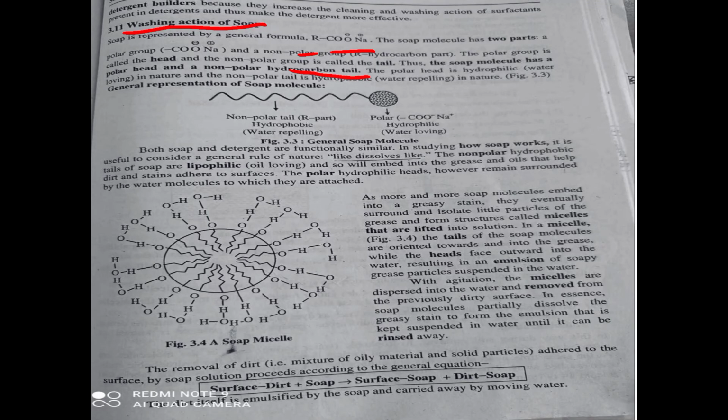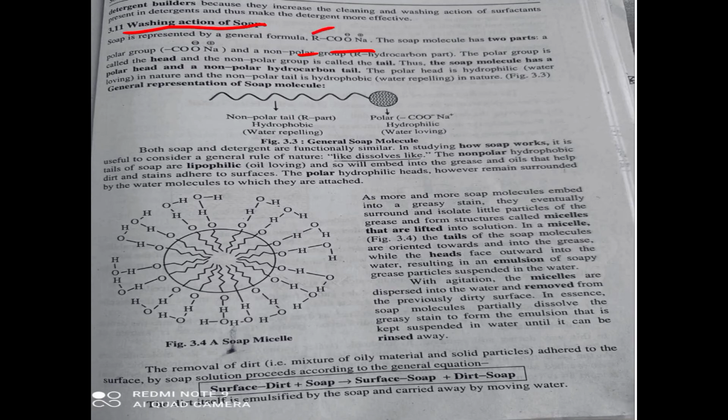The polar head is hydrophilic, that is water loving in nature, and the non-polar tail is hydrophobic, water repelling in nature. This is the general representation of the soap molecule, a head and a tail. So see here, this is your soap, the general soap molecule.